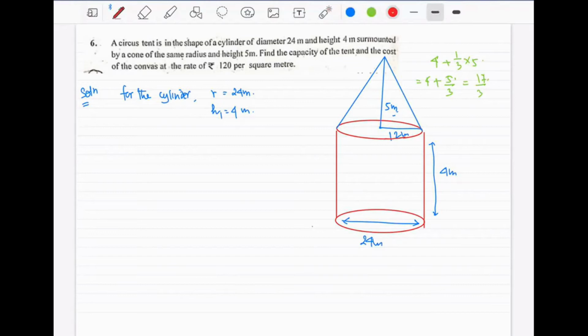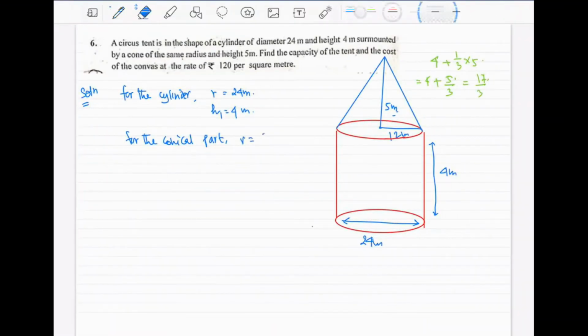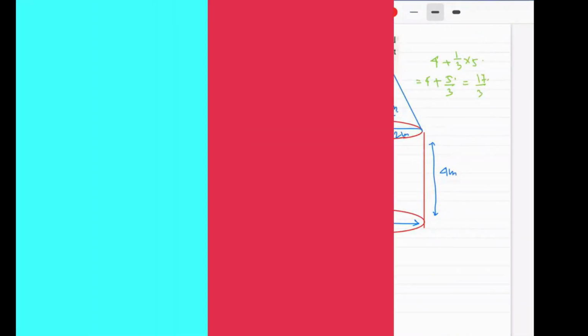For the cylindrical part, in order to find the surface area, we don't need anything more than this R and H. But when we come to the conical part, we need three things actually. We need R, okay, this is not 24, this is supposed to be 12. Okay, you change it, R is 12.